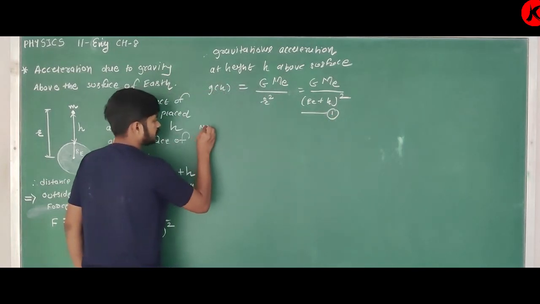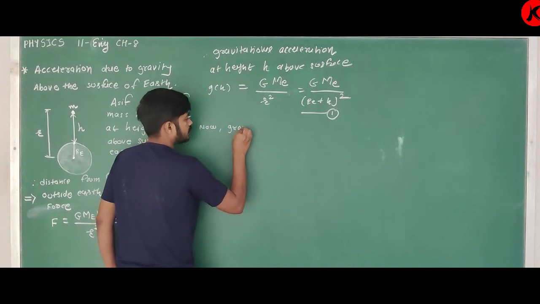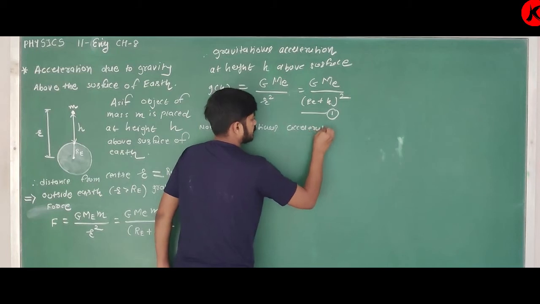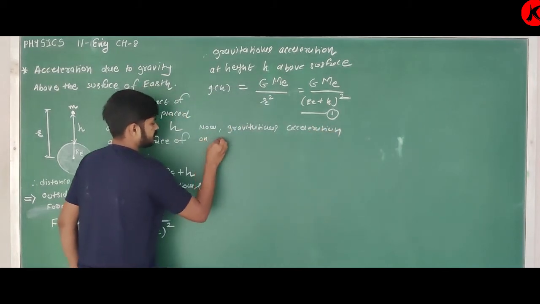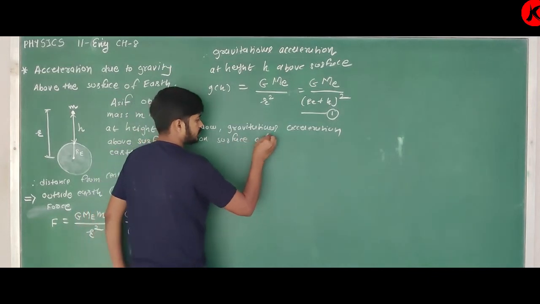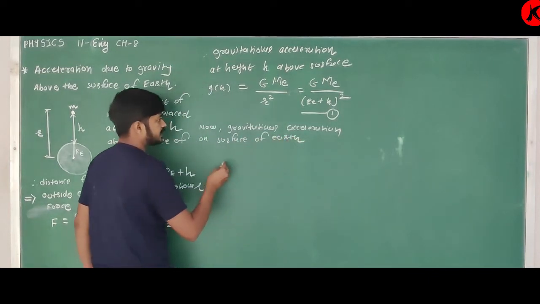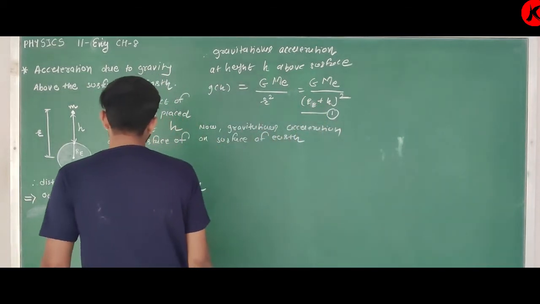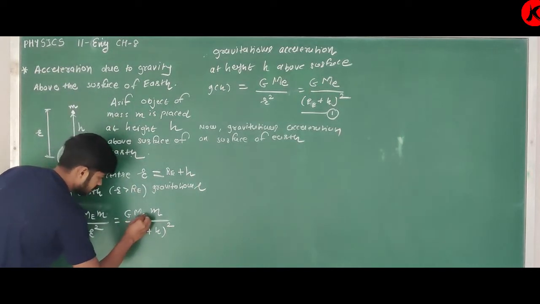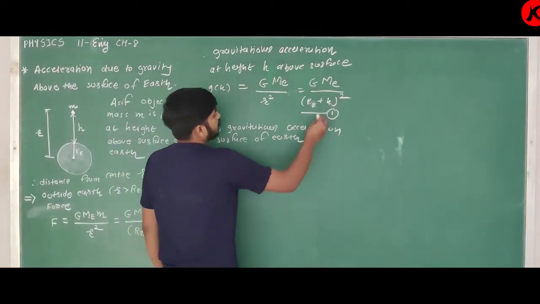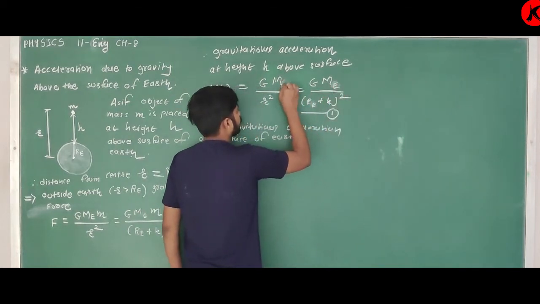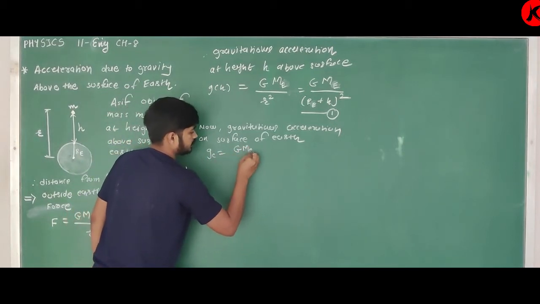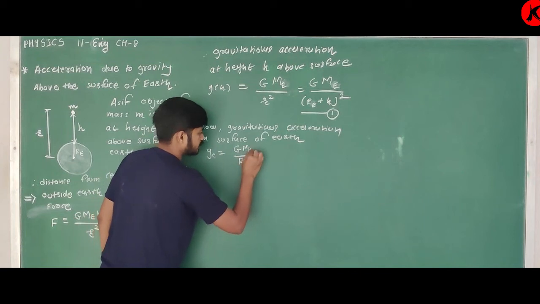Now we know the gravitational acceleration on the surface of Earth, that is, g e is equal to G Me upon RE square.